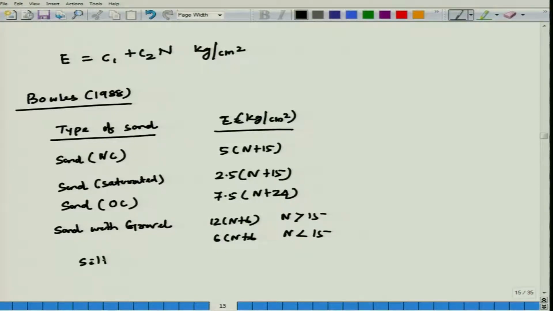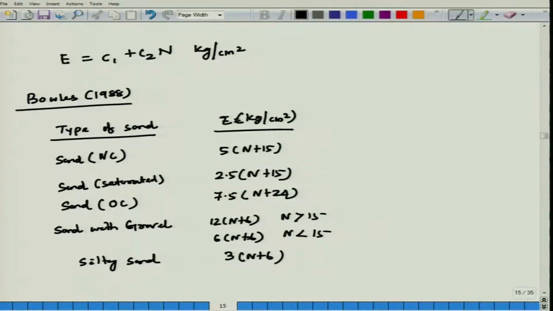Then silty sand, it is 3 N plus 6. So, these are the correlations given by them, particularly to get the value of E.